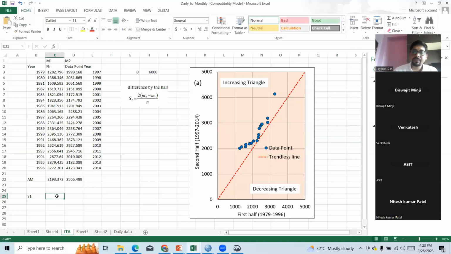So first half, second half. So 2 multiplied by, within bracket, average of second half minus average of first half, then divided by half of the series, in our case 18.